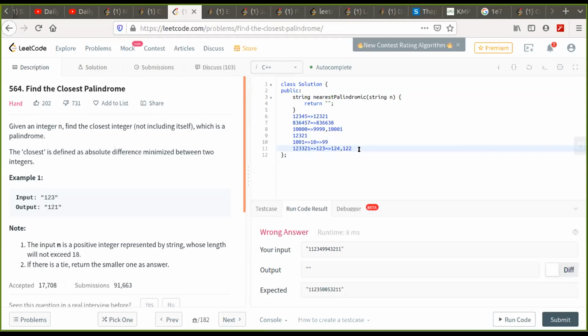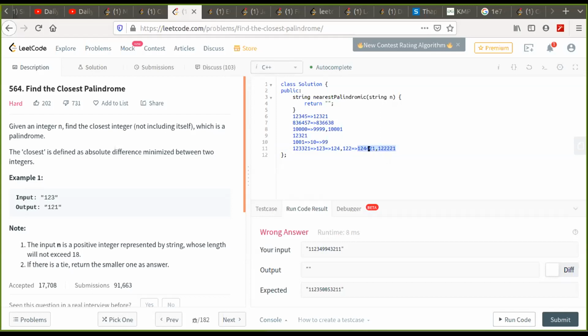Then I'll take the mirror image and create 2 palindrome numbers using this: 1 2 4 4 2 1, and 1 2 2 2 2 1. So these will be the 2 closest palindrome candidates.